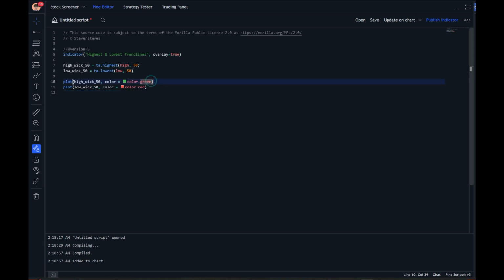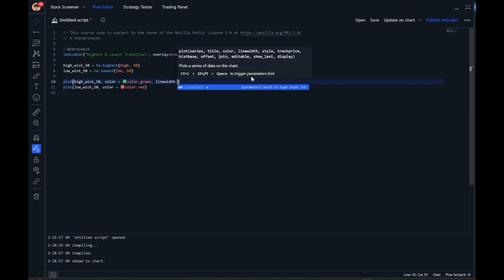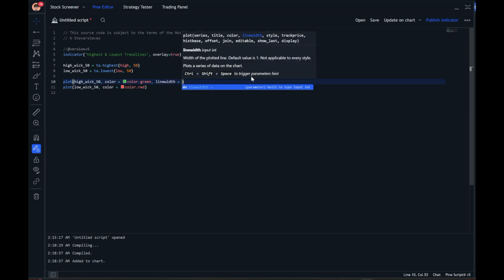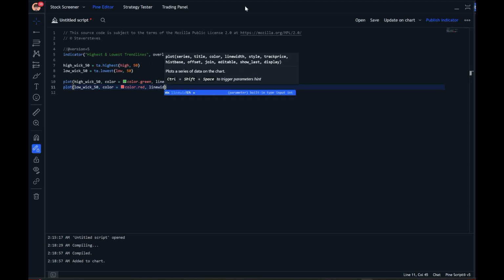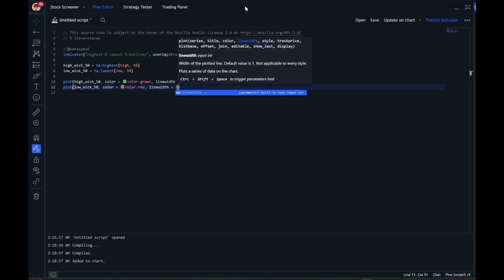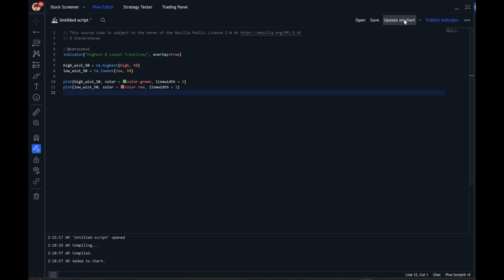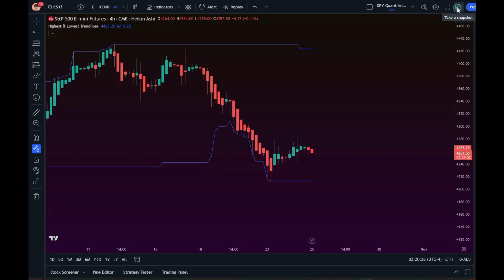We can even make it more visible by using line width, line width equals 3, line width equals 3, and that's just going to make it a little bit more pronounced and easier for us to visualize.